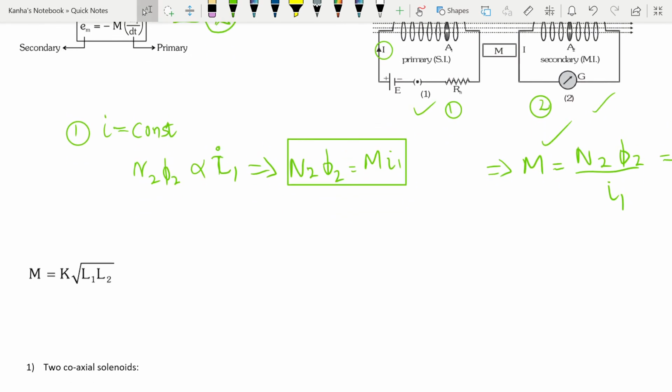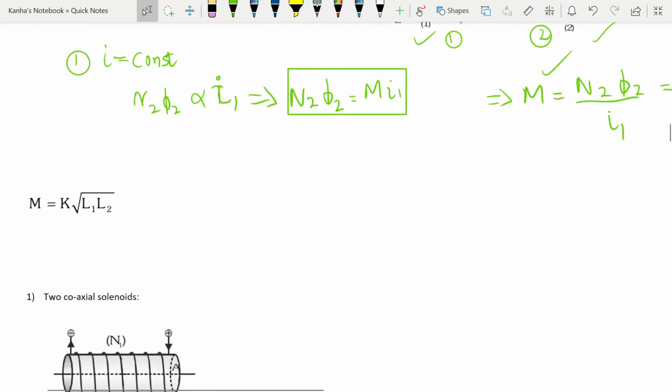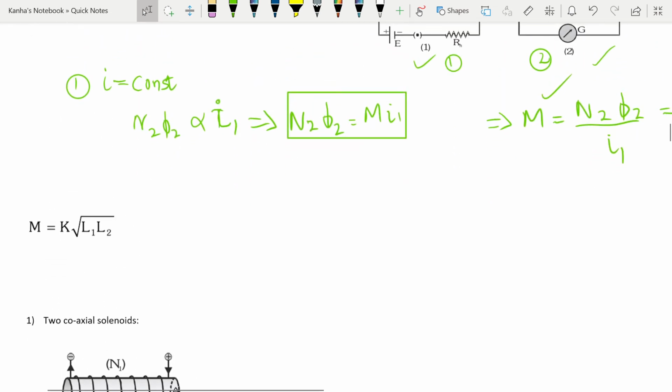Another thing you should notice is something about coupling. If you have two coils that are close to each other, the first coil has a coefficient of self-inductance L1, the second has a coefficient of self-inductance L2, and both of them have the coefficient of mutual inductance M. Then M can be written as K times root of L1 L2.